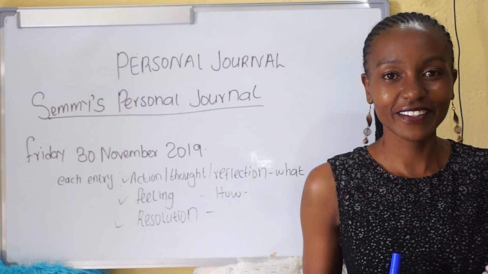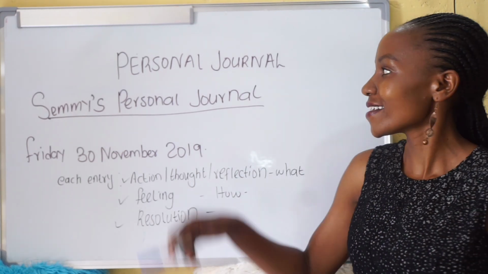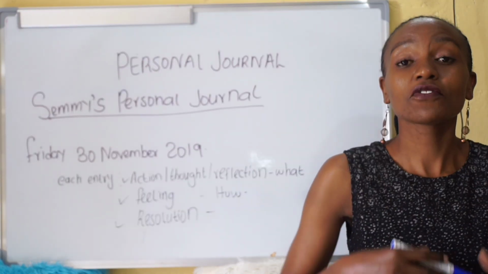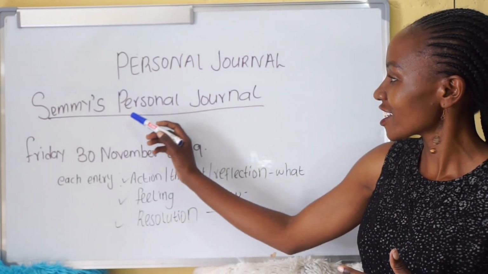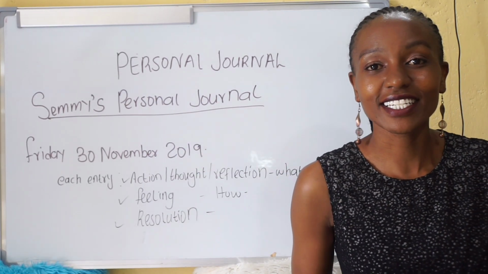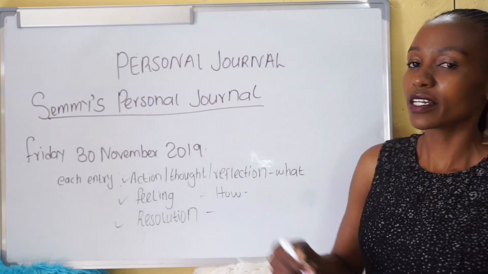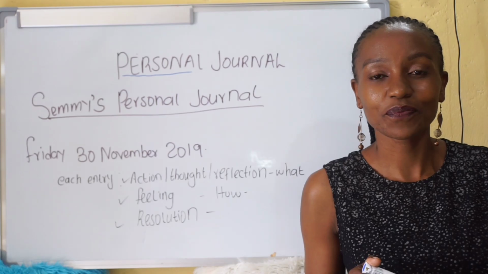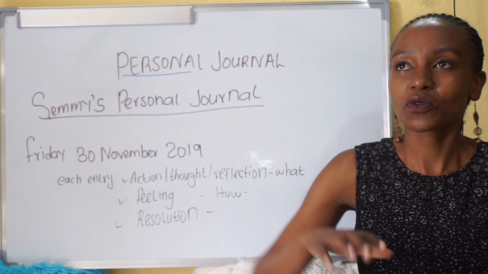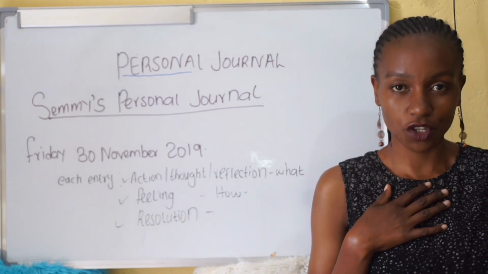In this video, I'm going to teach you how to write a personal journal. Before I give you the format with regard to the actual writing, let us understand what a personal journal is. From the word personal, it's something private, it's yours, it doesn't belong to the public, it's meant to be read by you.